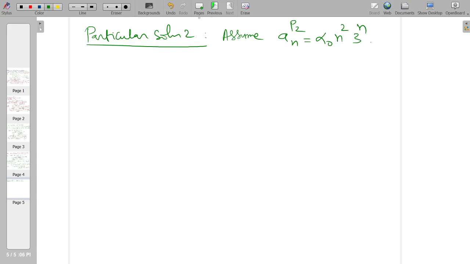So now when I substitute it in the given equation, what do I get? Alpha naught n plus 2 the whole square, this would be 3 power n plus 2.